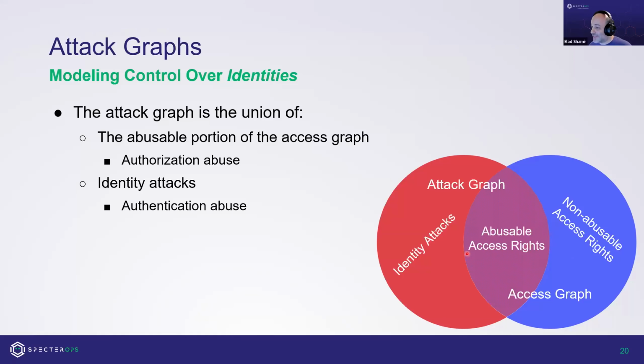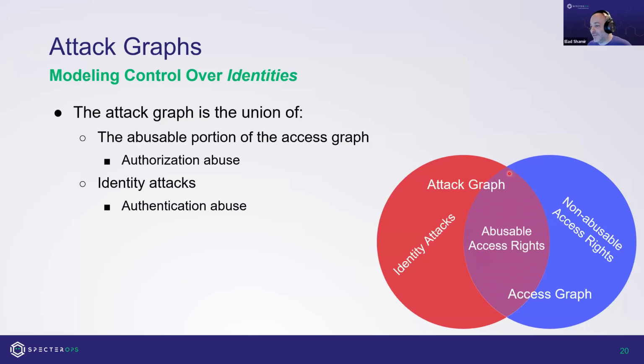And each one of these graphs has value, has merit. An access graph is probably very valuable for a defender that wants to apply the least privilege principle, for example, and figure out what is the smallest set of permissions that someone might need or might have.